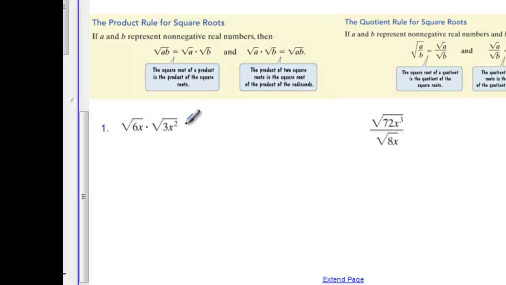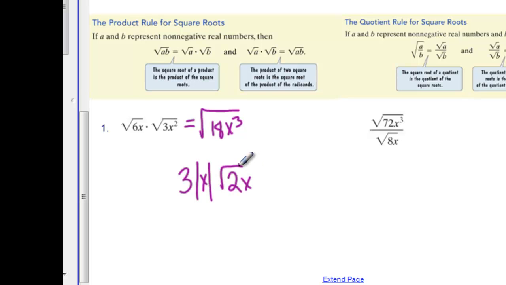I can go ahead and call that square root of 18x cubed. And the square root of 18 is 9 times 2. So we can pull the 9 out as a 3. We got that 2 still hanging out inside. Yep, and then we got 1x left on the inside.